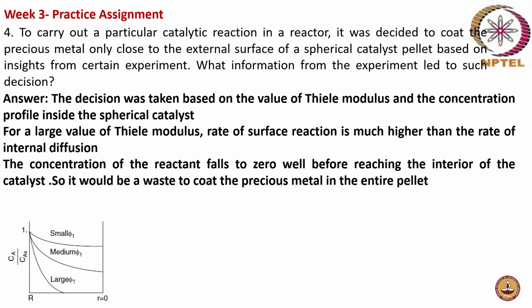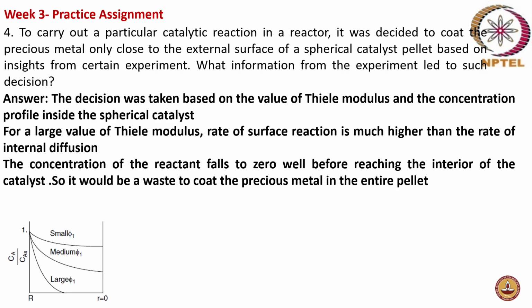So what happens at a large value of phi, or Thiele modulus, is that this concentration will drop to 0 before you reach the center of the catalyst pore itself. That means no reaction is going to happen in the center of the catalyst pore, right? Because your entire reaction might get completed closer to the external surface of the catalyst pore itself.